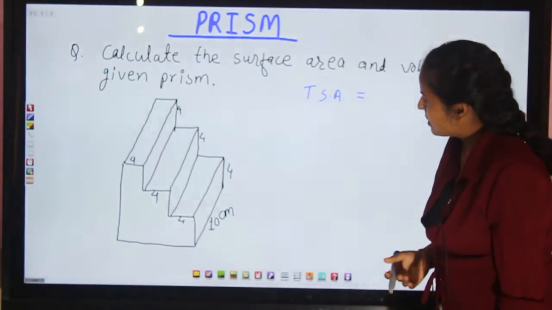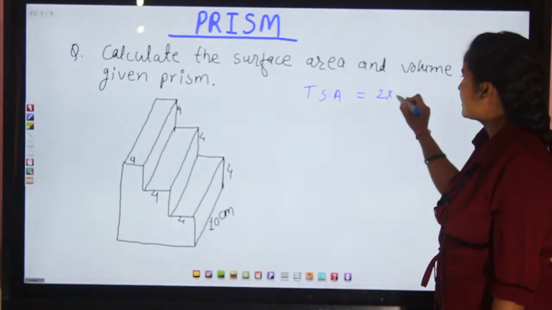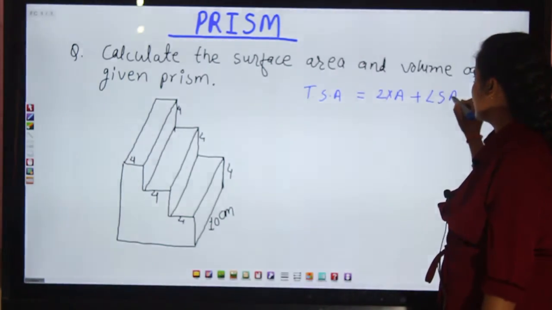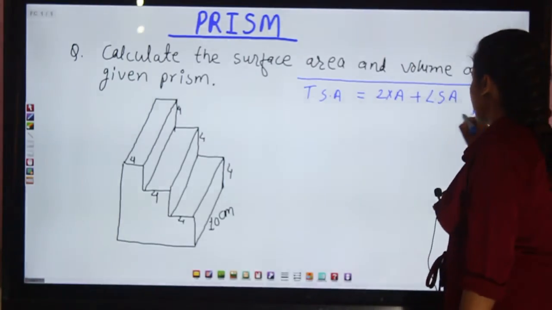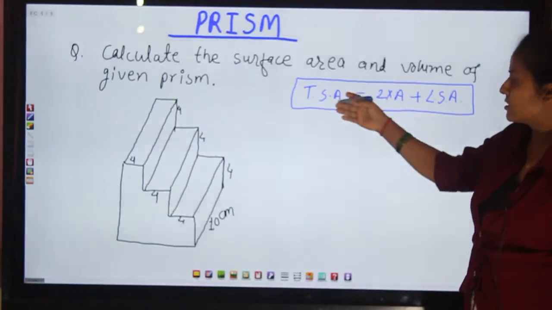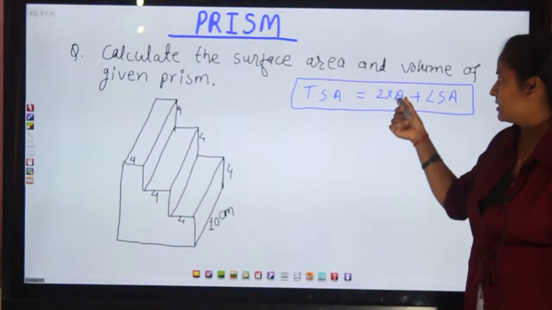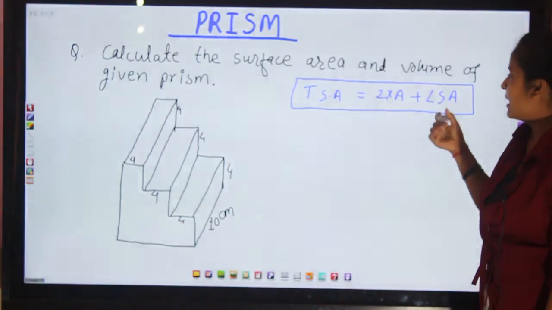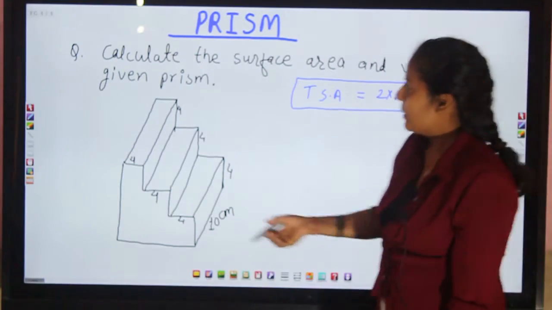Total surface area means 2 times the area of base plus lateral surface area. It's our framework. First of all, we have to calculate the area of the base and the lateral surface area. Then we can apply this formula, total surface area of the prism.